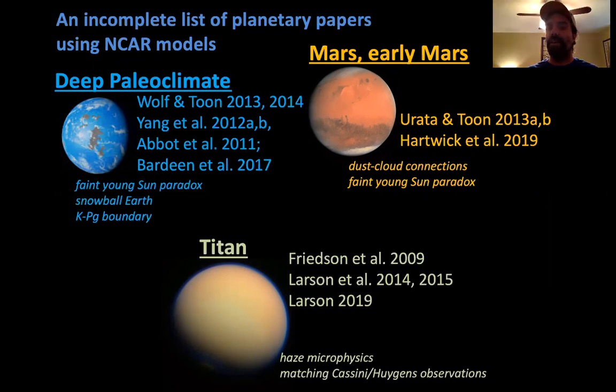Other studies have been done with WACCM and CARMA, a very interesting study of an asteroid hitting the Earth and causing the fallout responsible for killing the dinosaurs. CAM has also been adapted for Mars, so both present-day Mars and early Mars, focusing again on the faint young Sun paradox for Mars, which is more intense than for Earth, and also dust and cloud interconnections on Mars, which are quite complex.